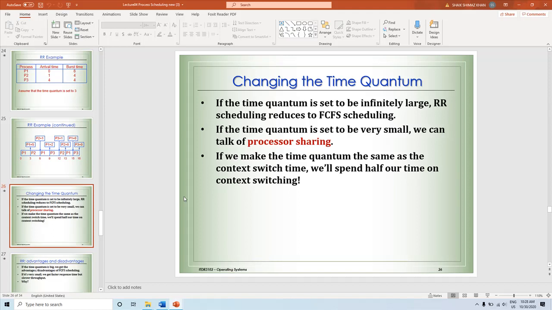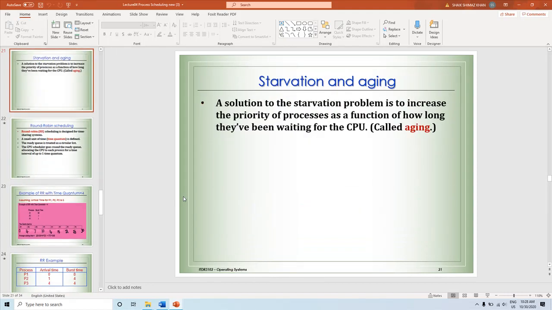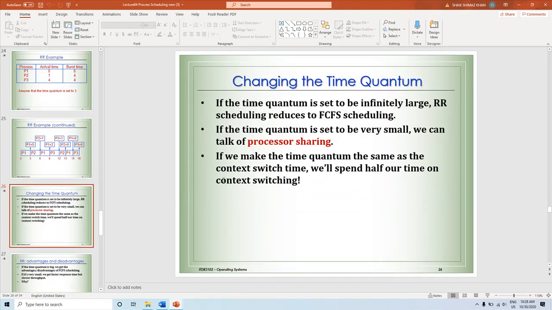So this is what I wanted to talk about regarding the round robin algorithm. Let us discuss some facts about the time quantum. The basic idea in this slide is that the time quantum should not be too small, and it should not be very big.